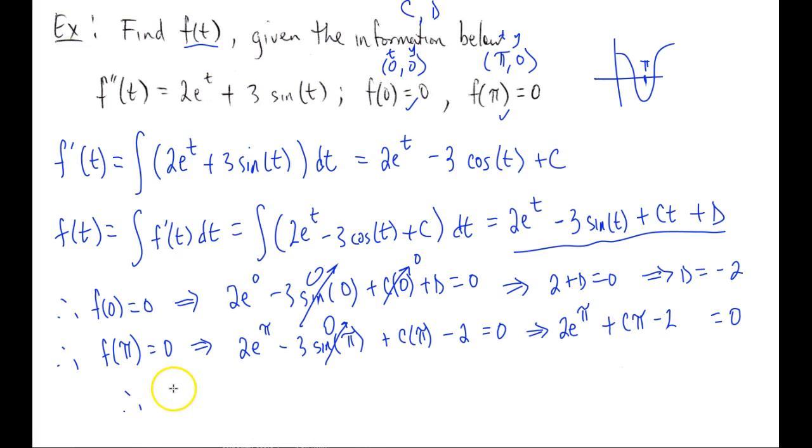So this would be, if we were trying to solve for this, 2e raised to the pi minus 2. We'll subtract c pi from both sides. And then we would need to divide both sides by negative pi.